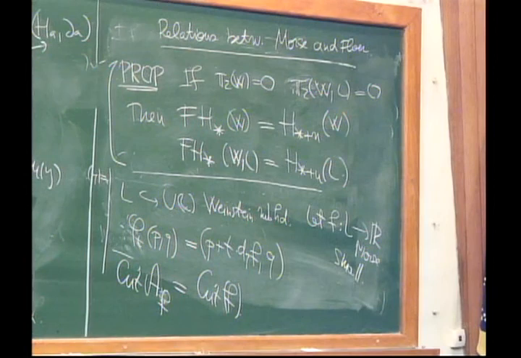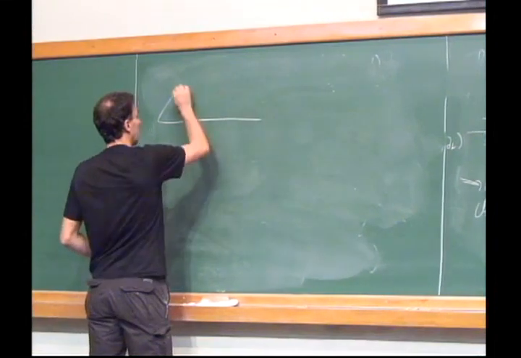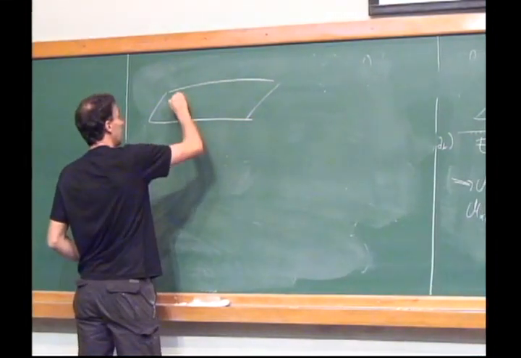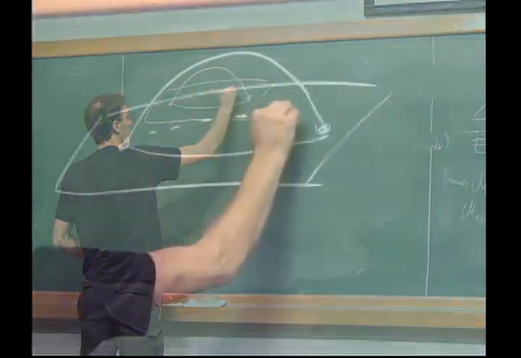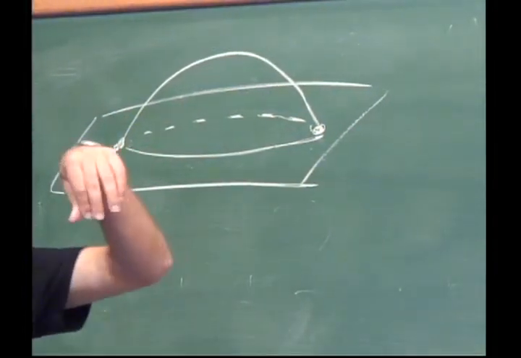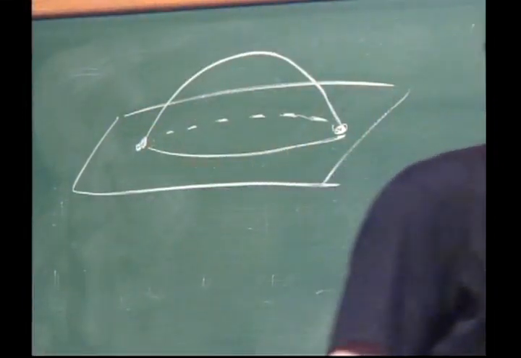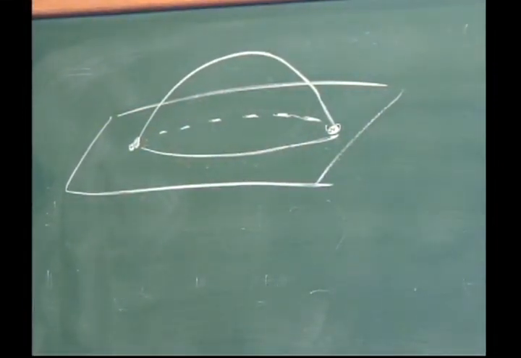And therefore the Floer trajectories here are just some disks like this. Instead of half cylinders, the extremities of half cylinders are just these critical points of F, right?